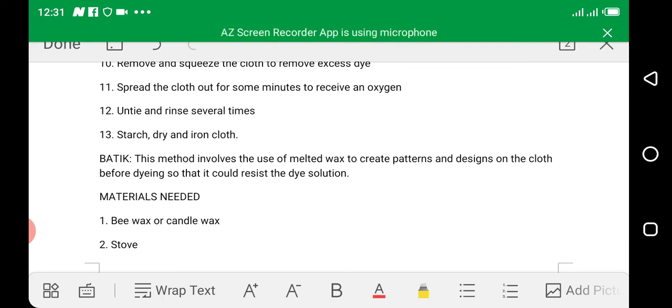I remember my batik was the naira logo inscribed on fabric. So you can create any design, depending on how creative you are.